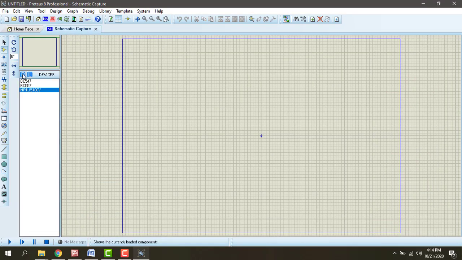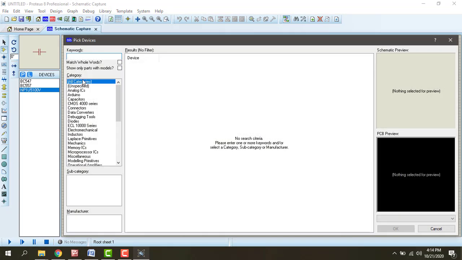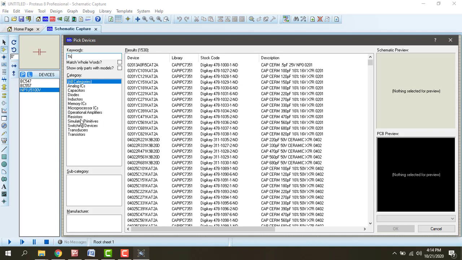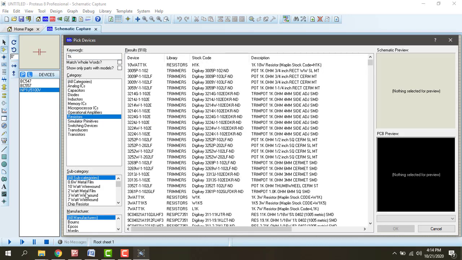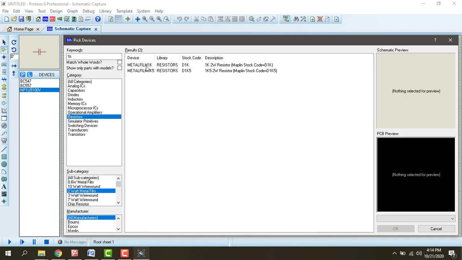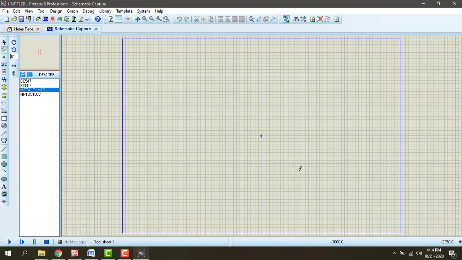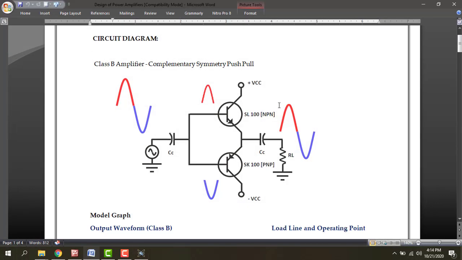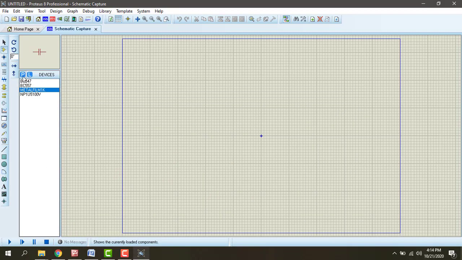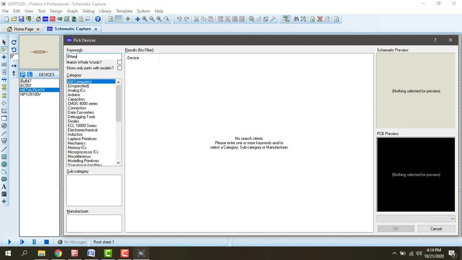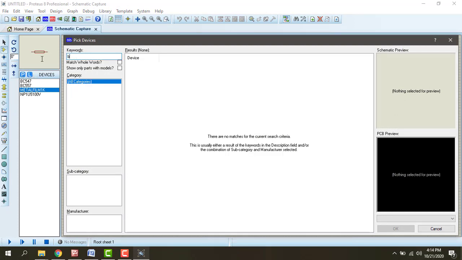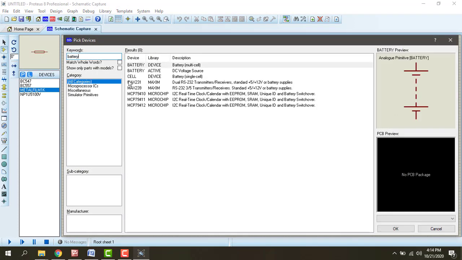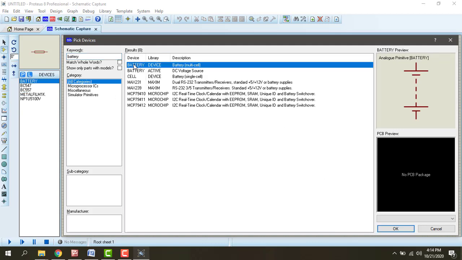Then the load resistance, 1 kilo ohm, 1K in the resistance category, 2 watts metal film 1K. Okay. So then I need plus VCC and minus VCC, so for that I need a battery. So I choose the battery.